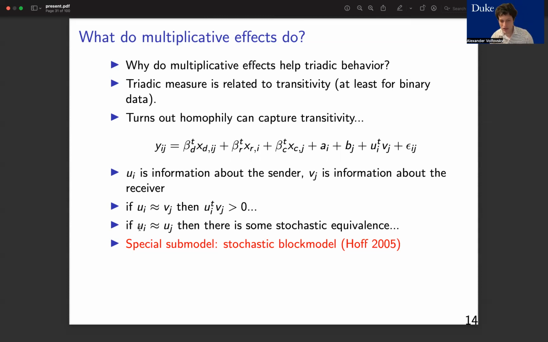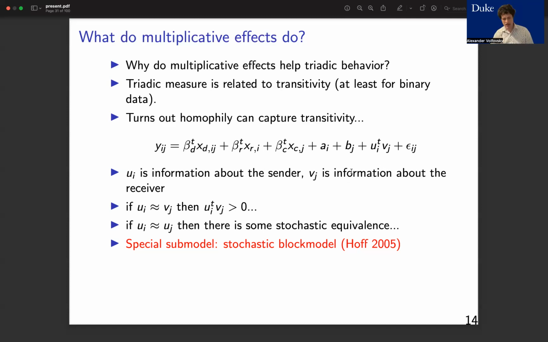Similarly, if you know that UI is approximately the same as UJ, right, then person I's and person J's interactions with person K will be similar, because UI transpose VK and UJ transpose VK will be similar. And so that's going to allow us to capture stochastic equivalence as well. So similar individuals are being captured by this multiplicative effect, and also stochastically equivalent individuals are going to be captured by this multiplicative effect.